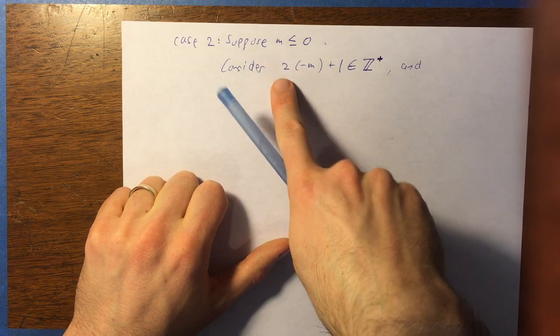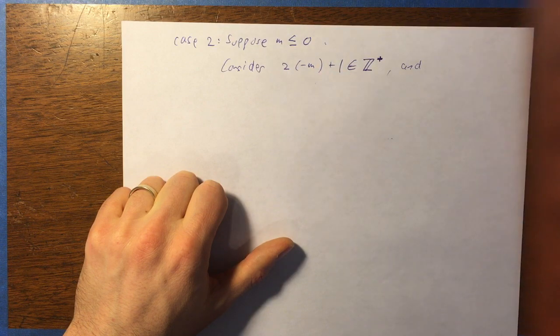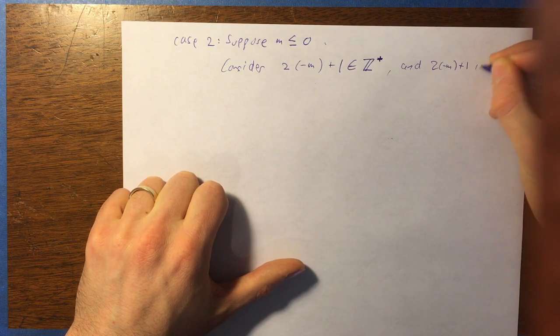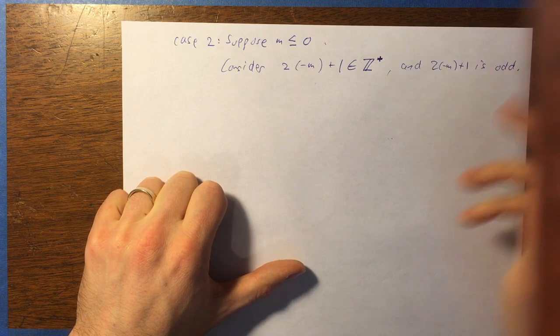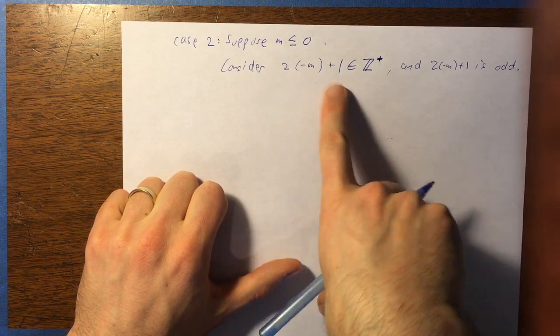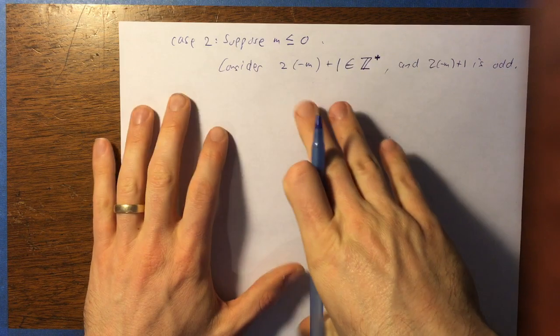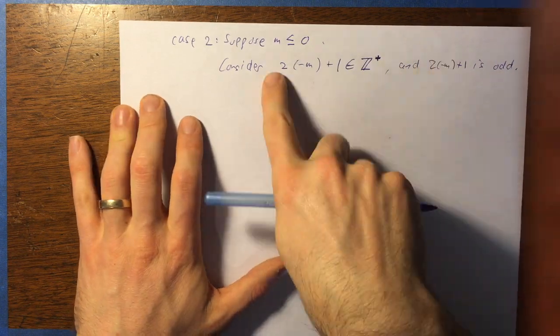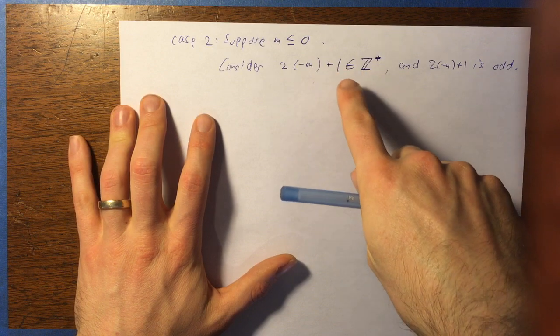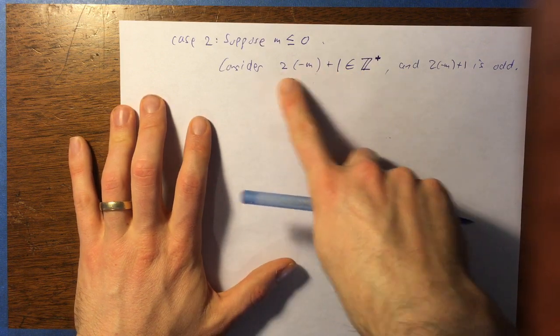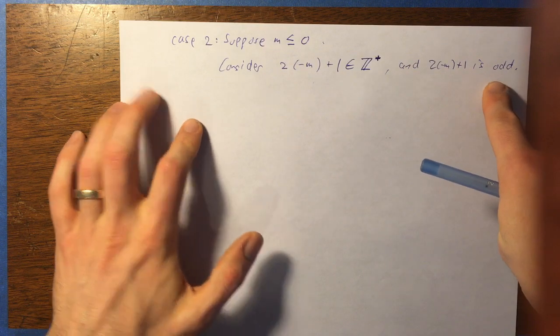Since it is 2 times an integer plus 1, it's also guaranteed to be odd. 2 times negative m plus 1 is odd. So what I've done is I've got this thing, and this is very carefully chosen. I didn't show you my under the hood process of figuring this out, but this is carefully chosen so that it's going to cancel out the function that we're about to apply to it. But it is also a valid input, and it's an odd number.